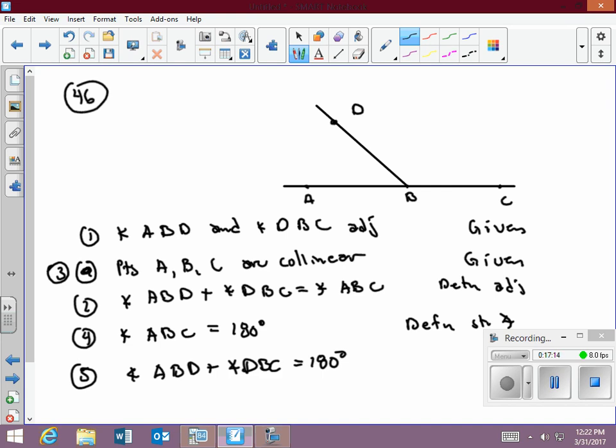It'd either be the transitive property or substitution, because this thing right here is equal to this, and this is equal to this.